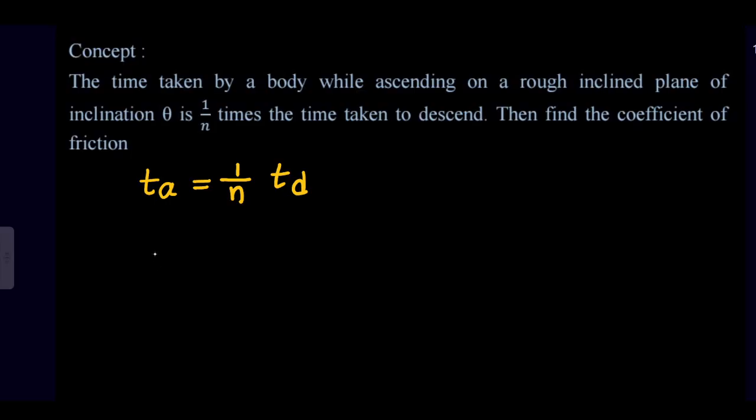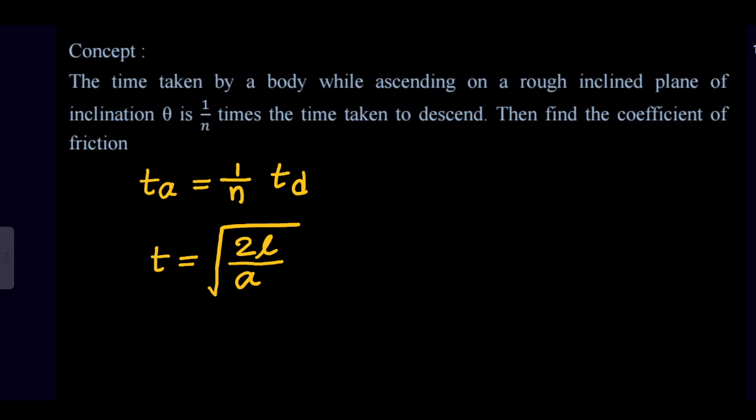As we have seen, the time taken to slide down is equal to square root of 2L by A. Where A means, if the body is moving in the upward direction, A up; if the body is moving in the downward direction, the A down formula we have to use.